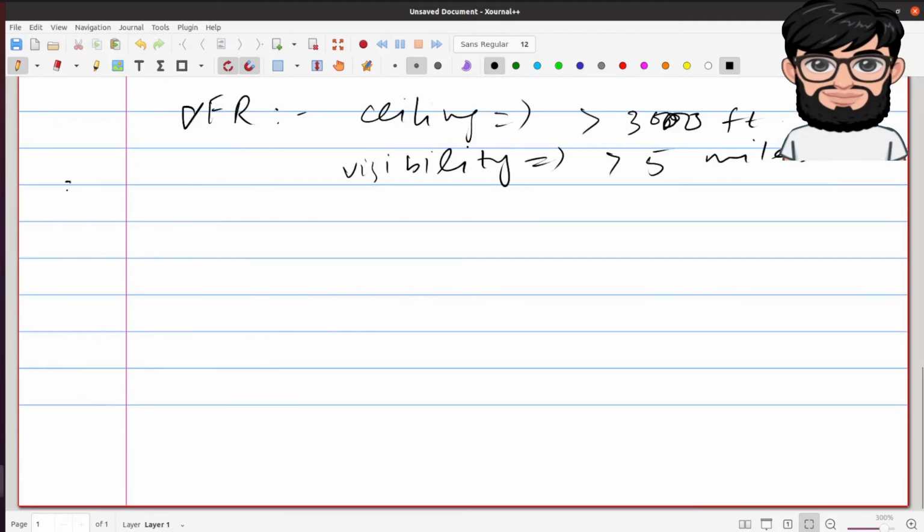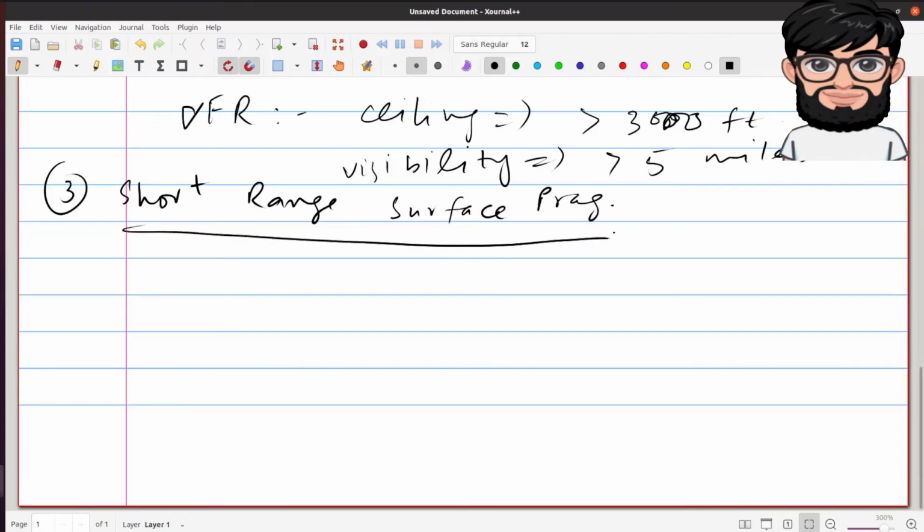Okay, third thing we wanted to cover is short range surface prognostic charts. We're going to be making use of those categories, like VFR, IFR, to define most of these charts too.